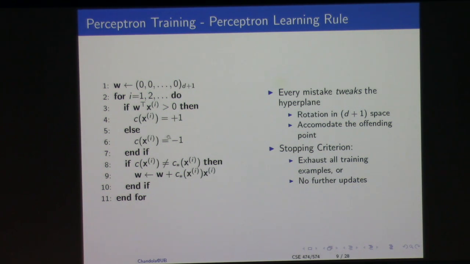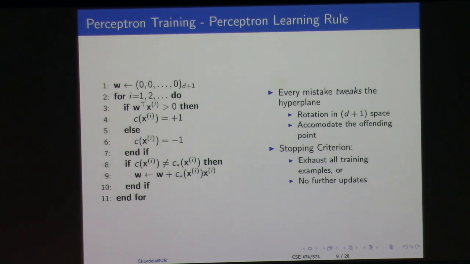All right? Then what you do is you check if you have made a mistake or not. So remember, c star of xi is the true label. If you have made a mistake, you add something to this weight vector, okay? And this is where you need to brush up, or just go back to your days when you were studying Euclidean geometry, right?